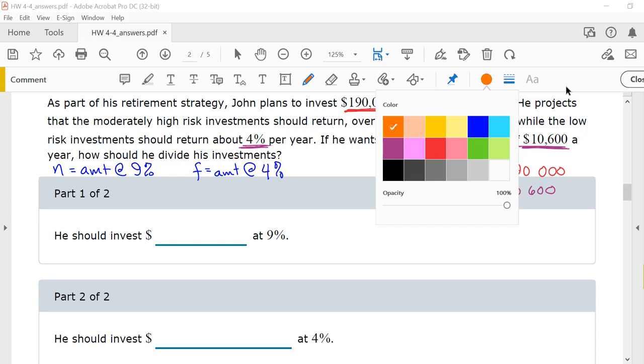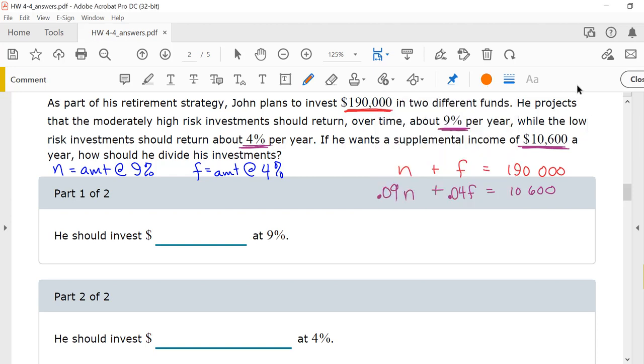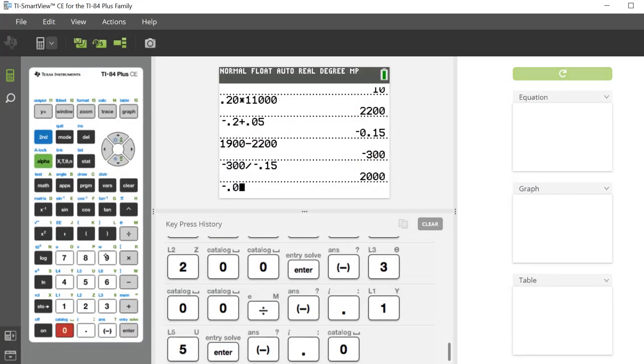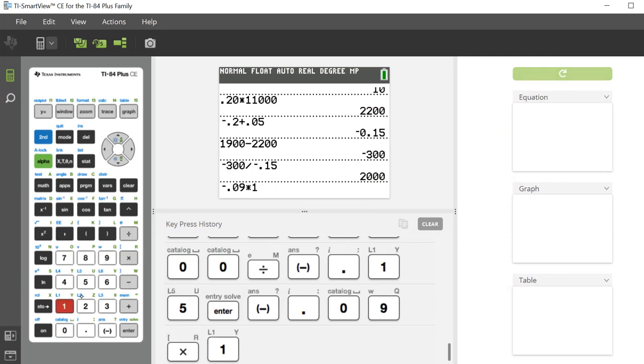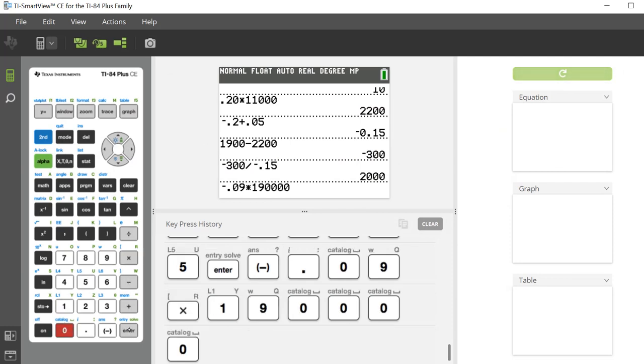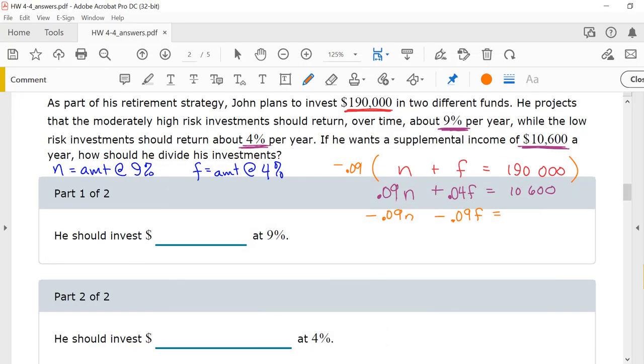I'm going to choose to do elimination, or addition, I should say. I'm going to multiply the top equation by negative 0.09. If I do, I get negative 0.09 N minus 0.09 F equals negative 0.09 times 190,000, which is negative 17,100.